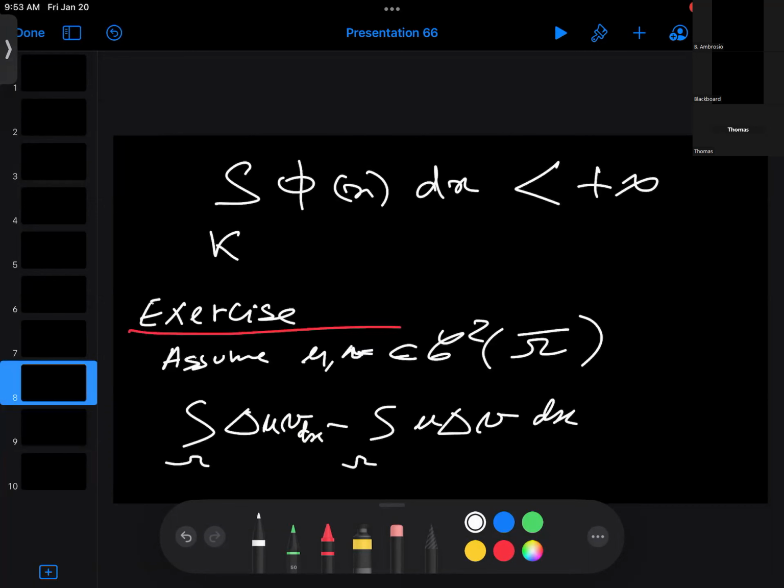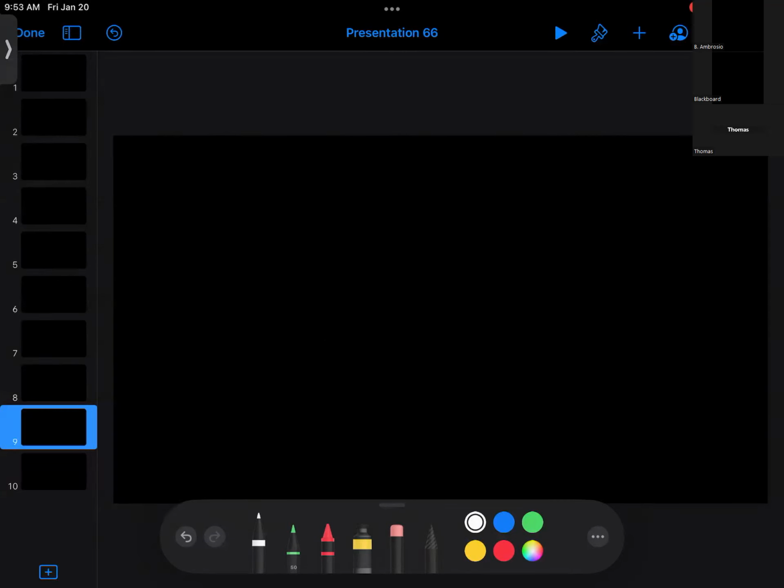All right, so we just want to compute this thing. So let's do it. The integral over omega of Laplacian u times v minus u times Laplacian v. So I use the Green formula. This is basically an integration by parts, but in higher dimension.